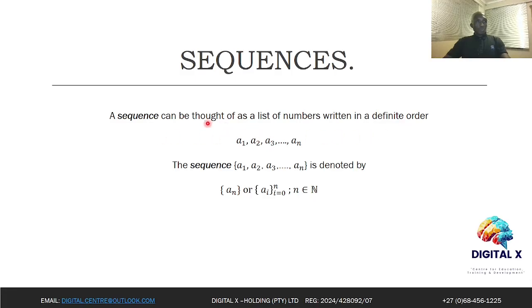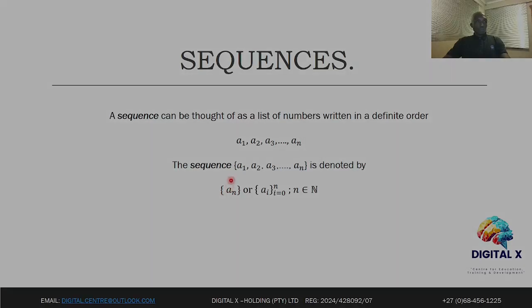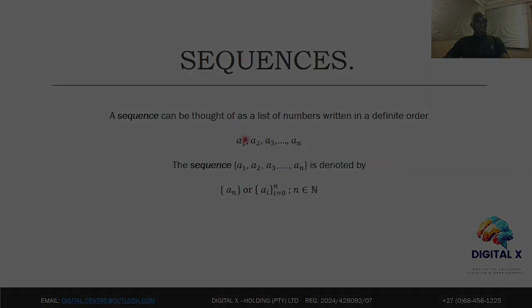A sequence can be thought of as a list of numbers written in a definite order: a subscript 1, which represents the first term of the sequence, a subscript 2, which is the second term, and a subscript 3, which is the third term, with a subscript n being the nth term or the last term of our sequence. There are different notations used to represent a sequence. One of them, the most common one, is this one, and that's what we are going to stick with.